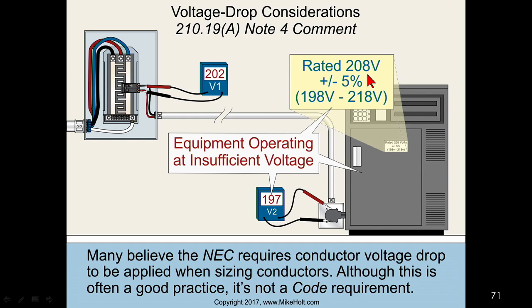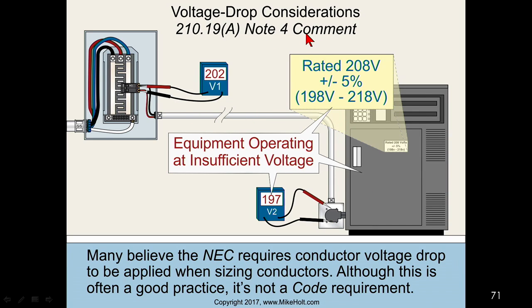And it could be plus 10% of 230, which is 253. So that's my voltage range: 207 to 253 for a piece of equipment rated 230 volts. And the minimum voltage for the equipment rating itself would be 207. So we'll just change this graphic a little bit.